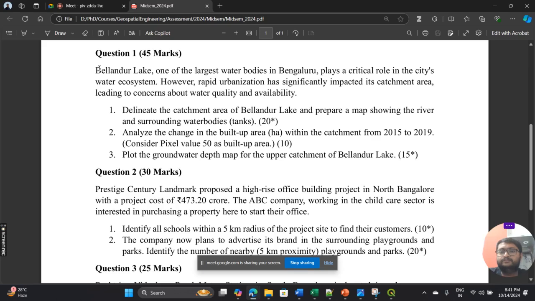This entire question paper is based on data sets from Bangalore. Different data related to lakes, parks, schools, built-up land uses, and some environmental clearance, and then they have to give decisions based on the data. Bellandur Lake, one of the largest water bodies in Bangalore, plays a critical role in the city's water ecosystem.